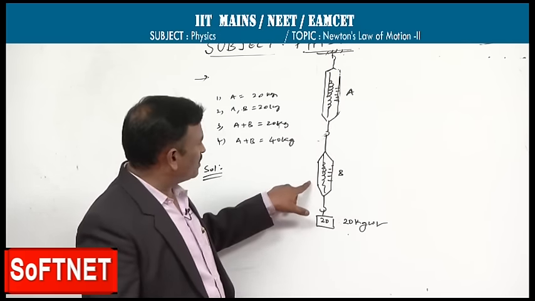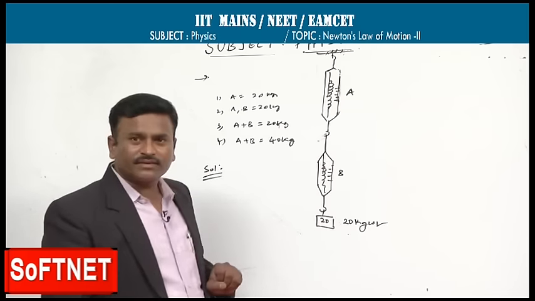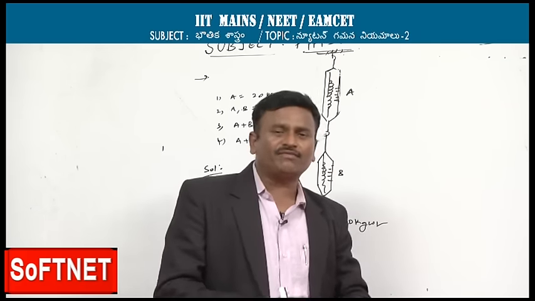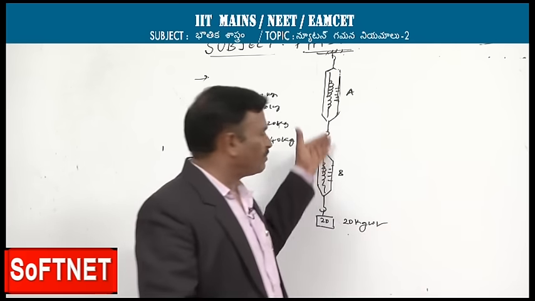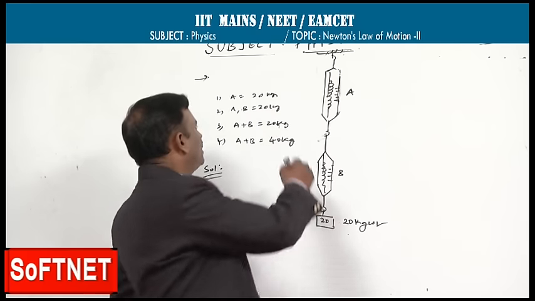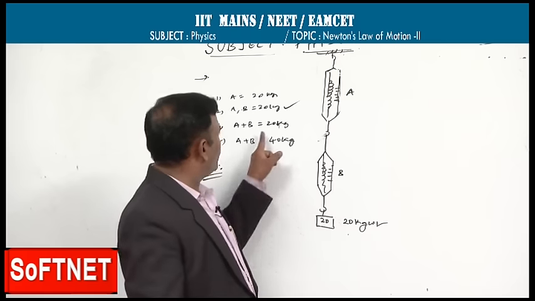Both the spring balances are weightless, so the attached weight is only 20 kg. Either spring balance experiences a weight of 20 kg only. That is the reason both of the spring balances show only 20 kg, either A or B.